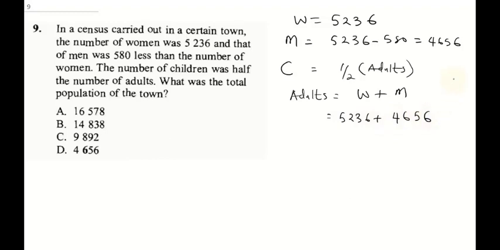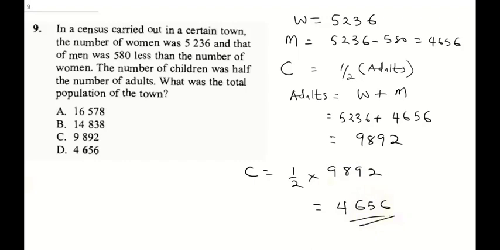Okay, so this will give me 9892. Therefore children will be half times 9892, and this will give me 4946. So this is my final answer. Therefore the correct answer here, it's going to be what?